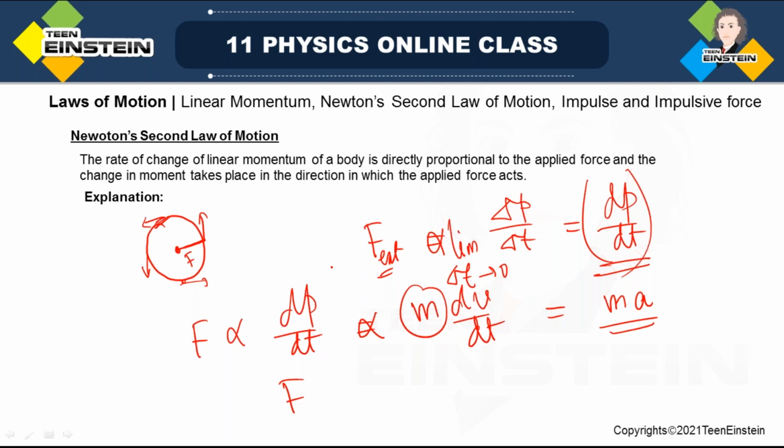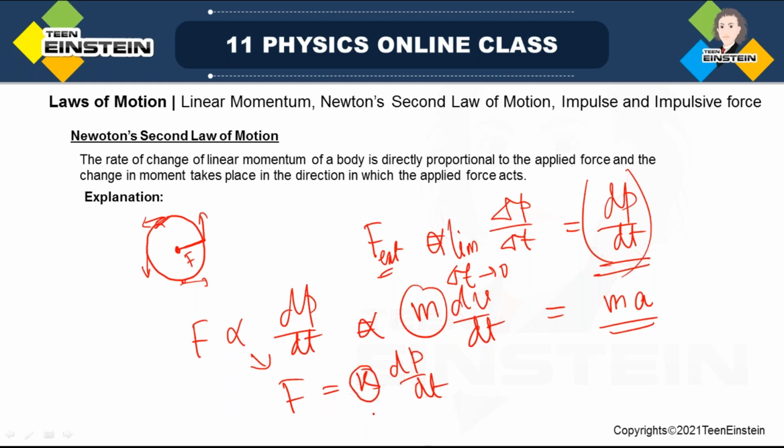Whenever there is a rate of change, that rate of change will always be directly proportional to the external force applied. If we want to get the magnitude or unit of the force, we remove the proportionality constant and write k dp/dt.